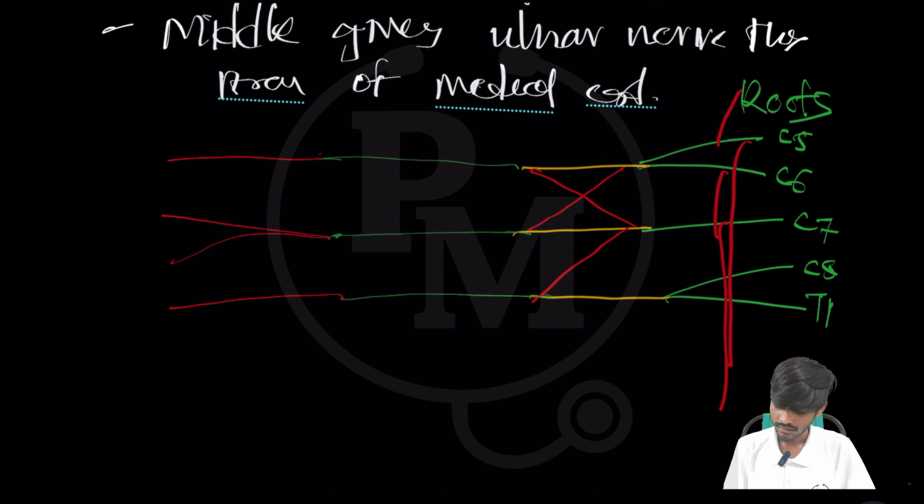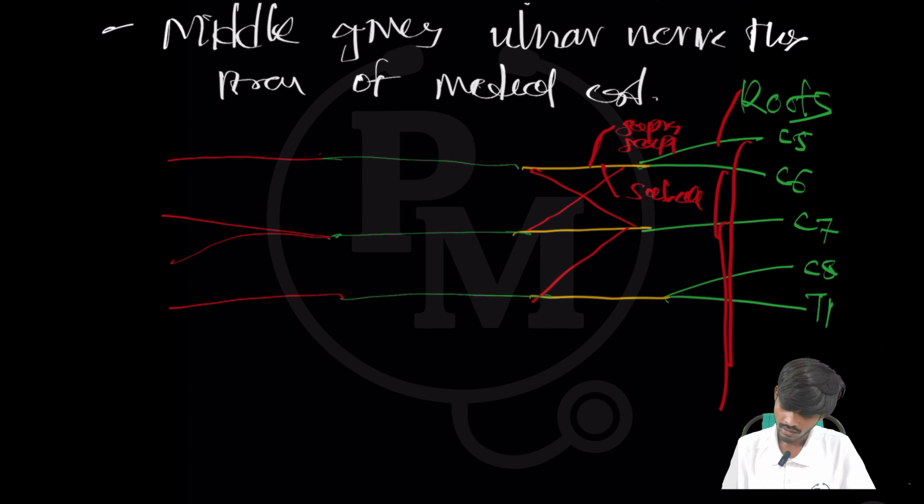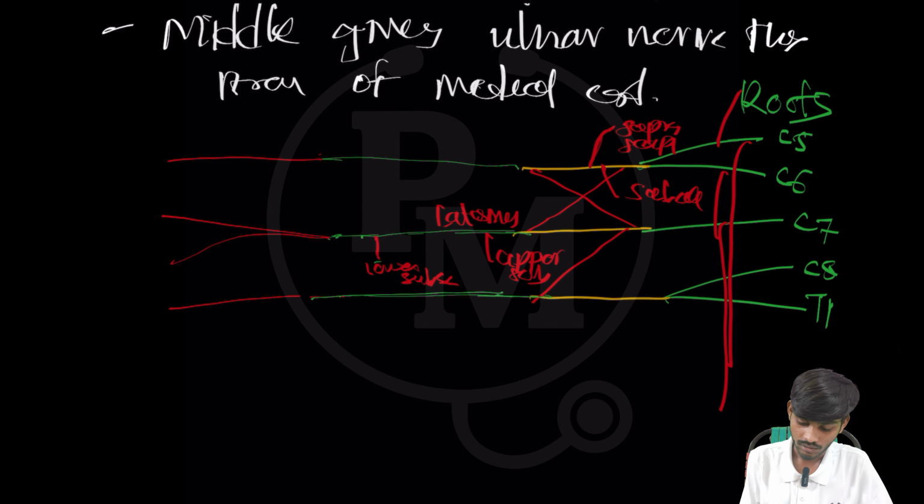Some minor branches are given from the upper trunk, like nerve to subclavius and suprascapular nerve. Posterior cord gives branches like upper subscapular, lower subscapular, and nerve to latissimus dorsi.